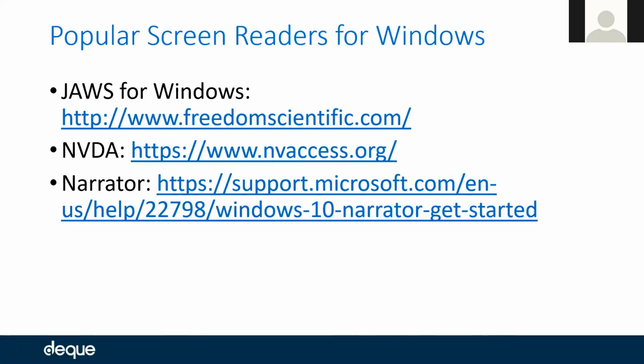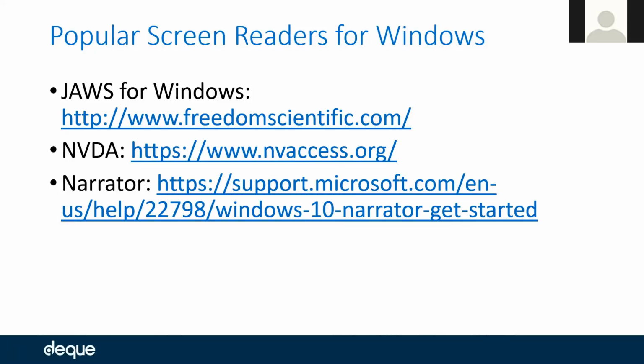Popular screen readers for Windows. By and large, the most popular at the moment seems to be the JAWS for Windows screen reader made by Freedom Scientific. On this slide, and we'll distribute this later, there's links to the various companies that make these screen reading technologies we're about to talk about. But JAWS for Windows is a very, very popular screen reader for Windows. It is a commercial screen reader, but it's the one that many people are already aware of.